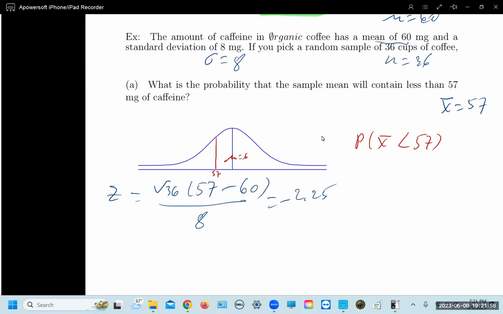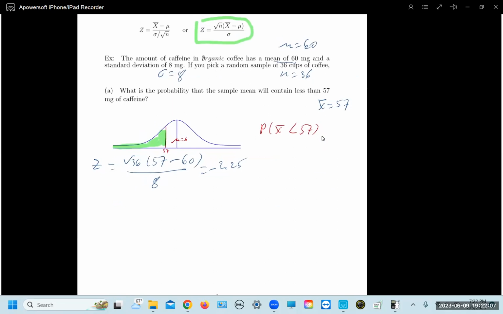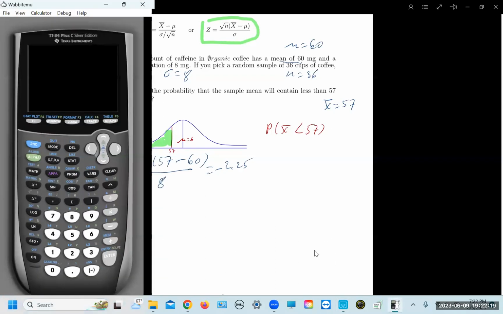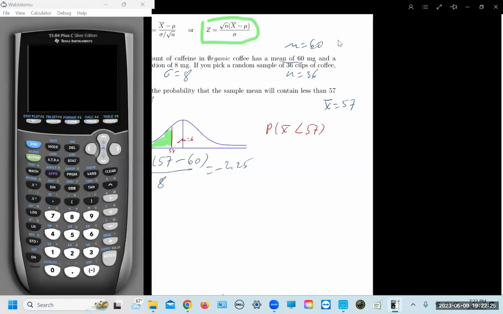So we want less than 57. We can use a calculator. Let me bring up the calculator, because it is more convenient and easier.